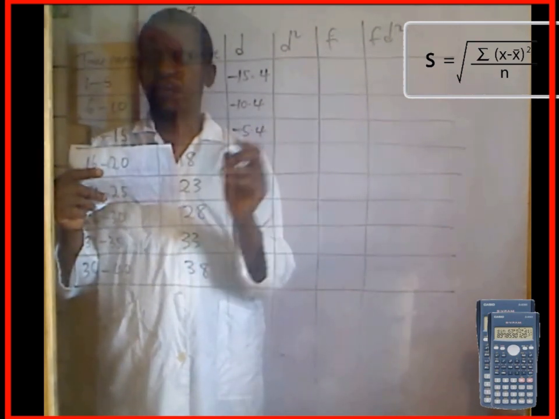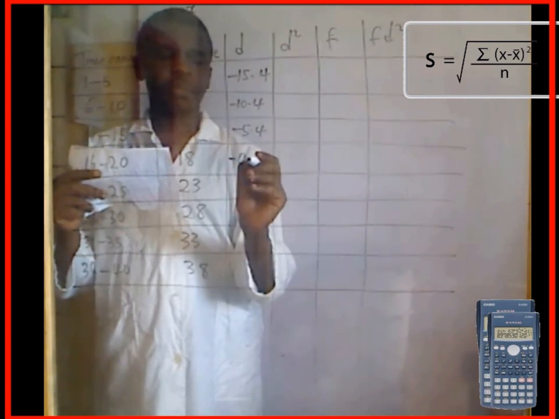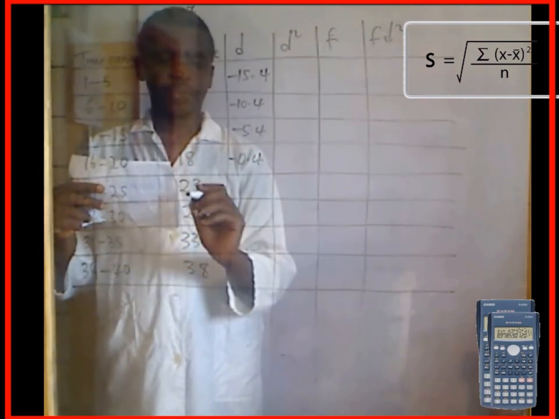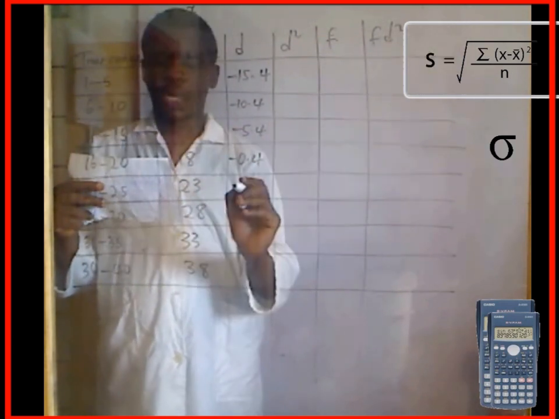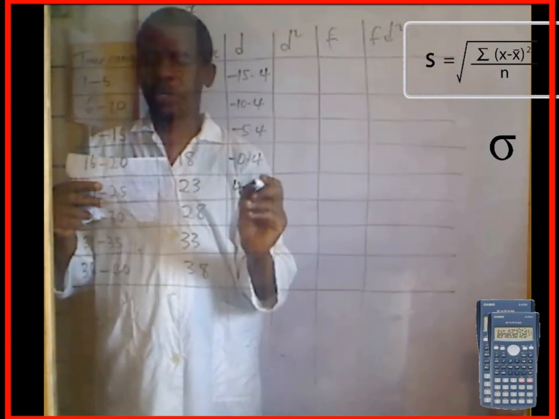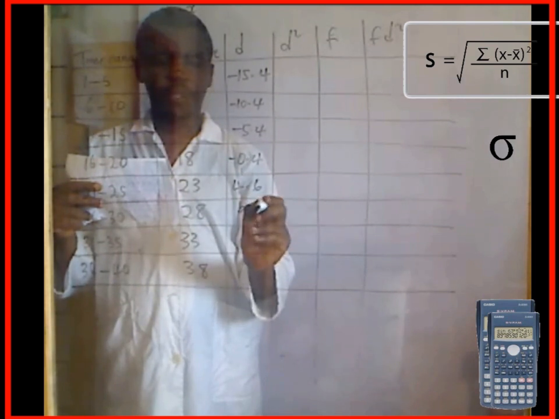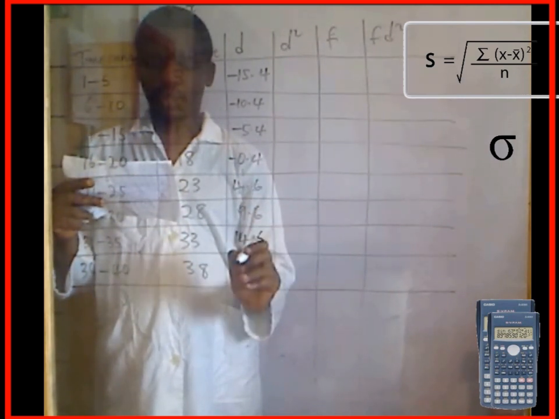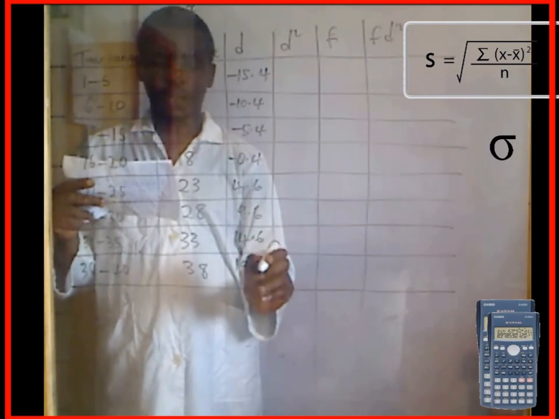Minus 5.4. Minus 0.4. 23 minus 18.4 gives 4.6, 9.6, 14.6, 19.6.